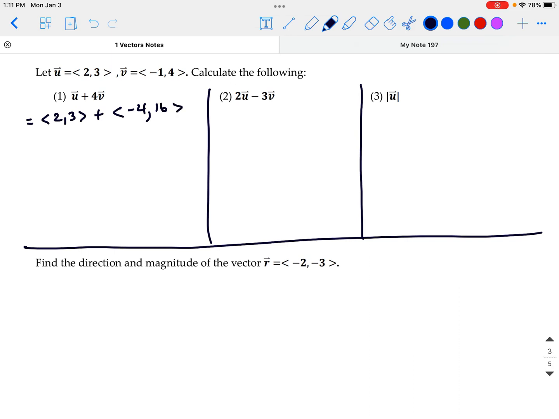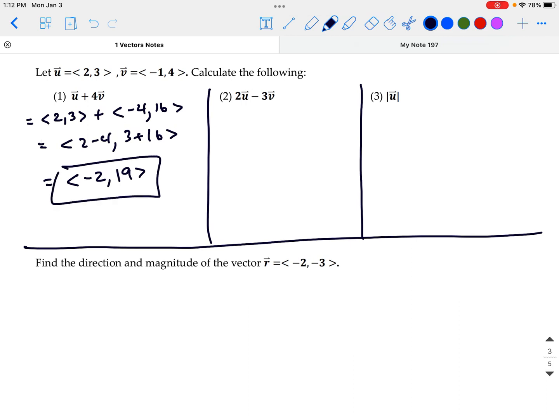So it's 4 times longer in its horizontal and vertical components, but the sign does carry over. Then we can just add them together. We'll have 2 minus 4 and 3 plus 16, which gives us the vector negative 2 comma 19.